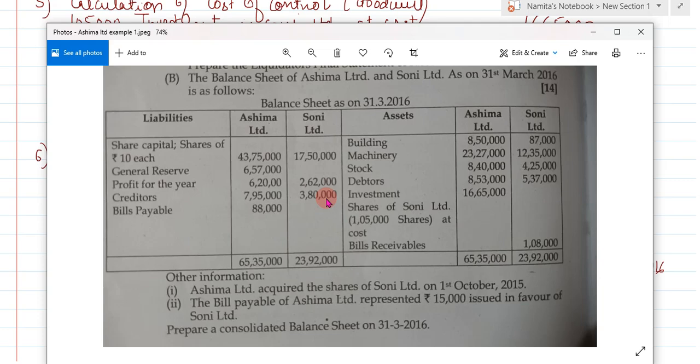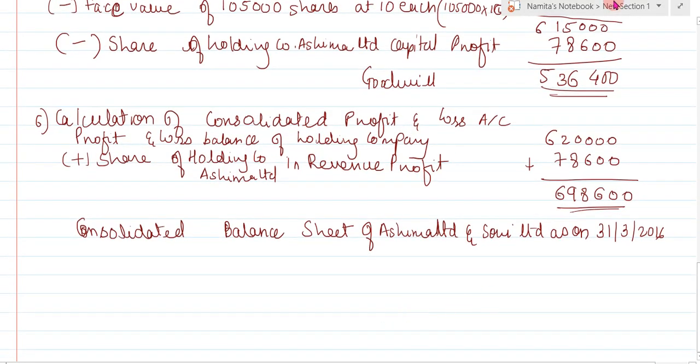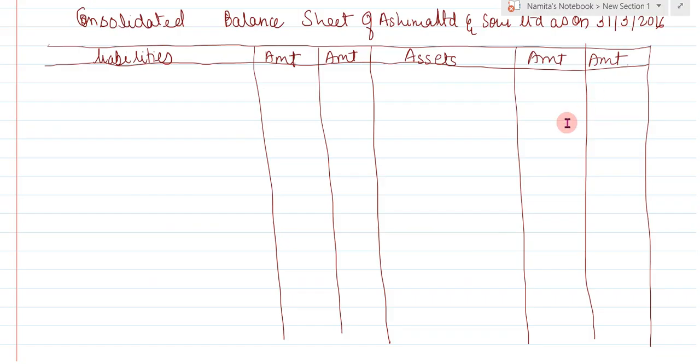So in consolidated we have to combine their assets and liabilities and prepare one balance sheet. Liabilities, amount, assets, amount: two columns. Why do we require them? Because if there is any adjustment, we solve it in the inner column and write the final amount in the outer column. Now what will come first on the asset side?